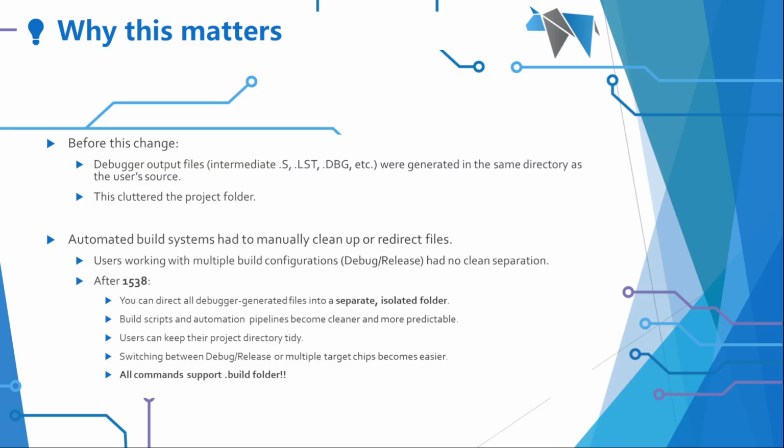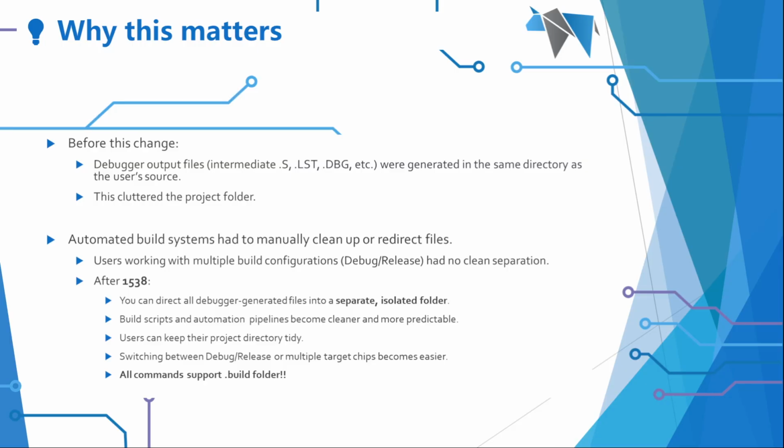GC Studio and the compiler will redirect all the generated files into a separate isolated folder. The build scripts and automation pipeline that you create will become cleaner and more predictable, because you can just delete a folder and the whole thing will go. You can keep your project directory clean, and switching between different release levels becomes a lot easier.